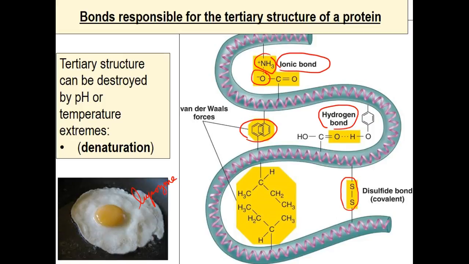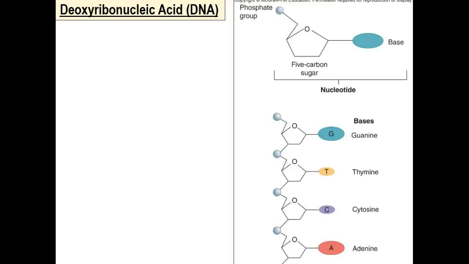Okay, so let's talk about nucleic acids really quickly, such as DNA. Nucleic acids are made up of nucleotides, which have this general structure that you need to know: a 5-carbon sugar, a base, and a phosphate group.